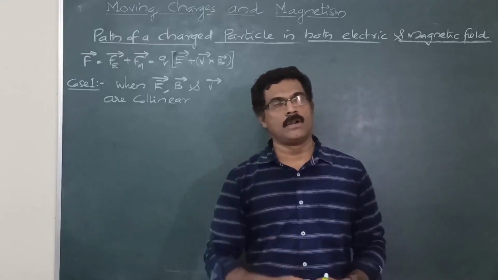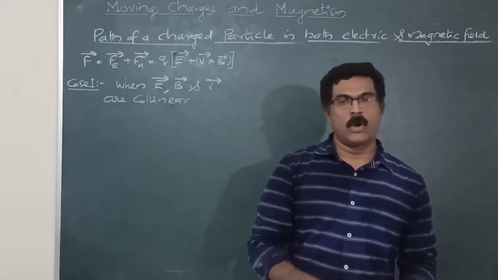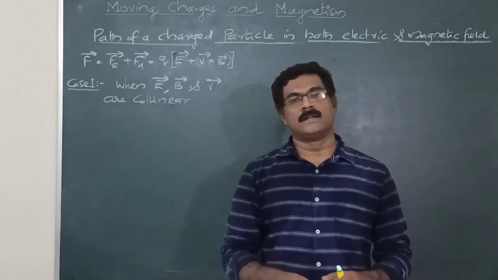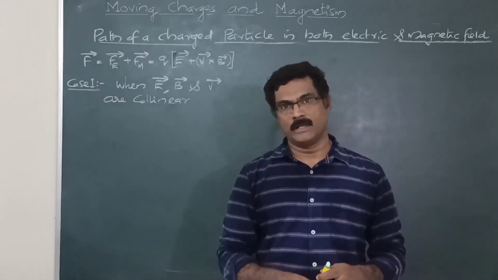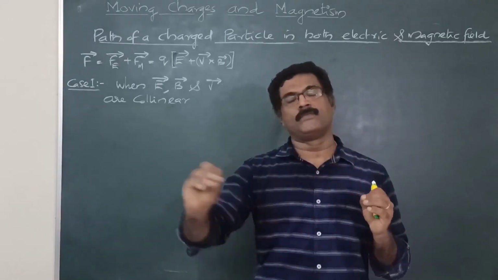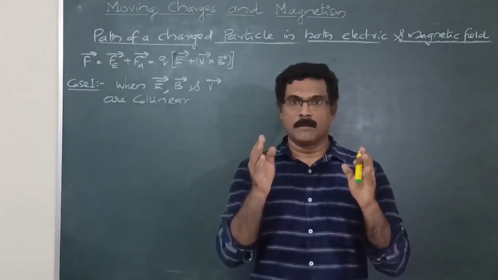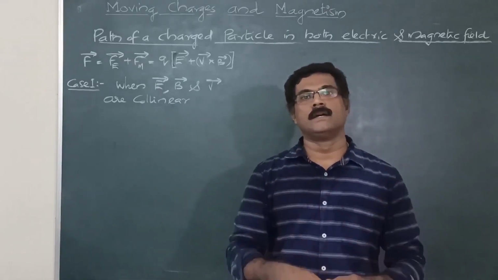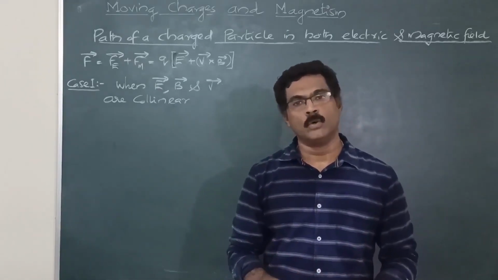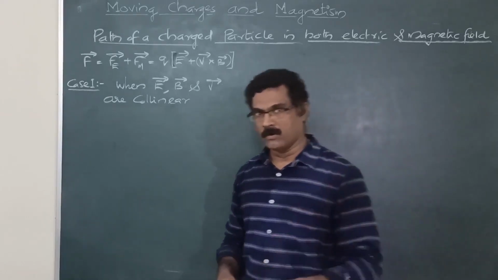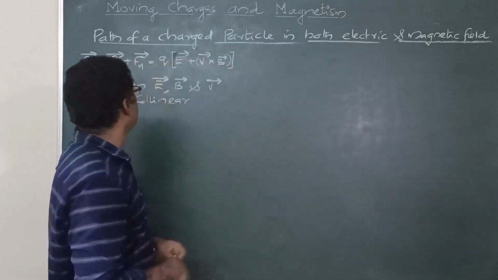And I already told you that when you are solving problems, you have to consider the force acting on the body. In the case of a particle moving in a magnetic field only, you consider the magnetic Lorentz force. But here both the fields are there, so you have to give importance to which force? That is called the Lorentz force, that we already studied.